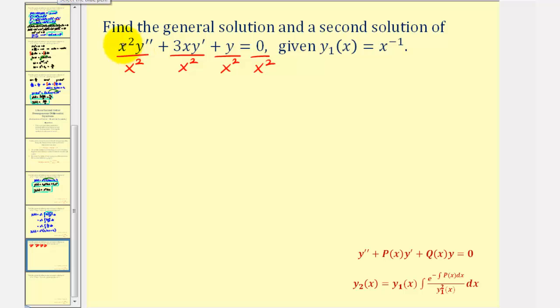So this would give us a differential equation y double prime plus 3 divided by x times y prime. And let's write this as plus 1 divided by x squared times y equals 0. Notice in this form, we should recognize that p of x, the coefficient of y prime, would be 3 divided by x.